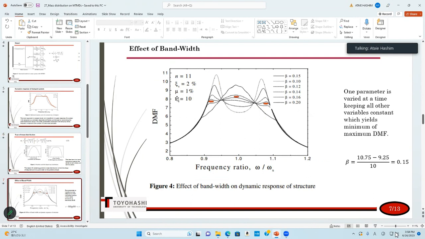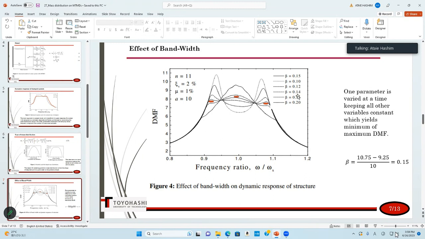First, they keep the constant value of A, mass ratio, damping, and number of dampers, and only play with the bandwidth of frequency. This is, how to say, the distance of each PMD frequency.